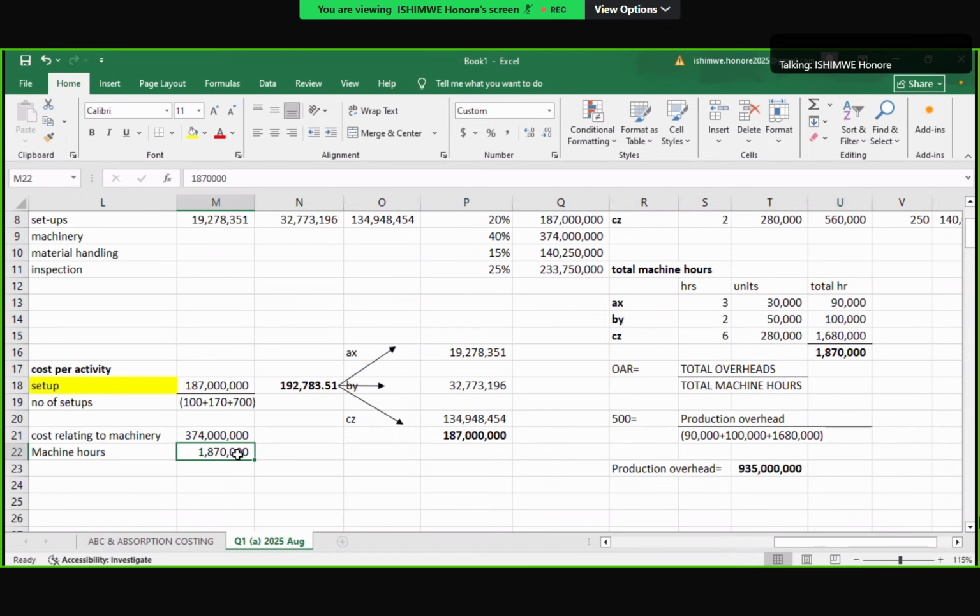Let me say 90. We are learning, so let me avoid complicating life, but in the exam please try to be quick, because time is a constraint that can make you fail. You may understand things, but time can be the constraint that makes you fail.